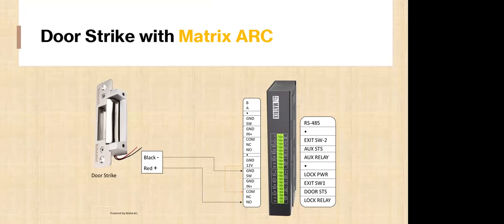So all are DC relays. So do you have a way of connecting 24 volt AC electric strikes? Yes, we can use external contactors. Those are the AC relays. So we can give a trigger from this controller to a contactor, and in a contactor you can connect the AC door strikes.